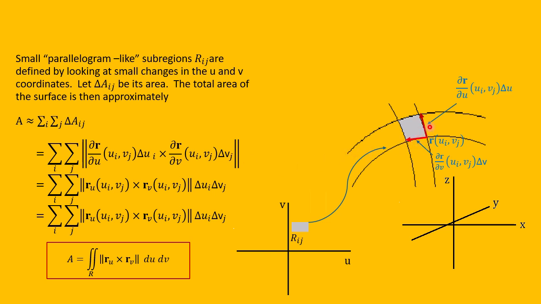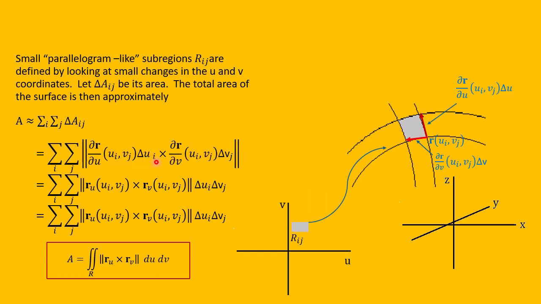And so if we take the cross product of these two vectors and then take the norm of it, that will be the area of the parallelogram approximating the area of this subregion. So the area is approximately equal to this.